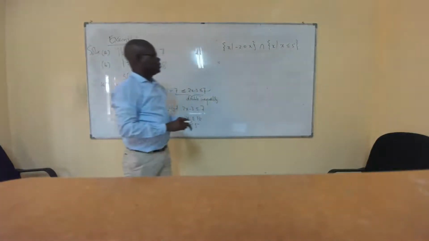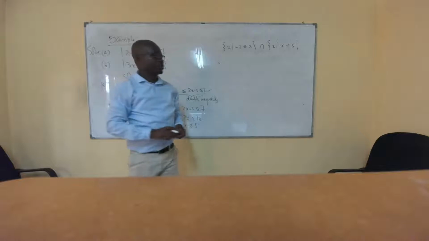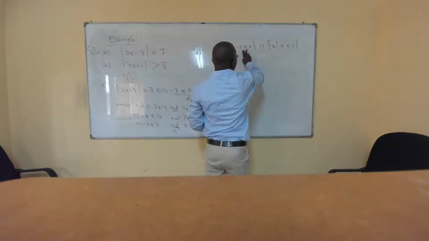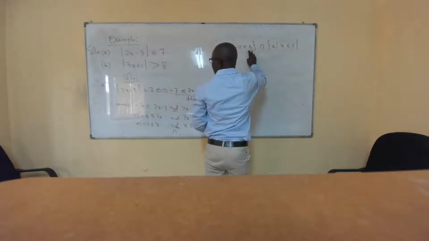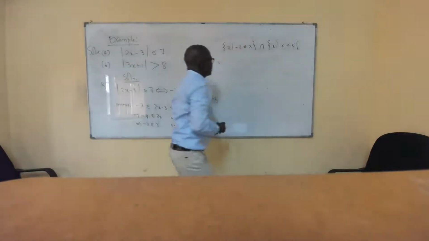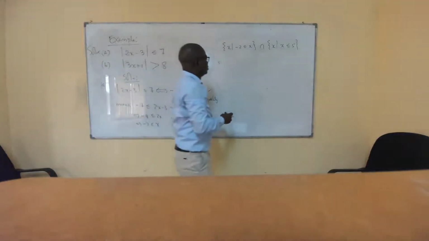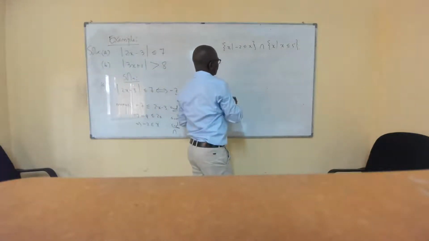If you want, you can even write these sets as intervals, where you are saying minus 2 is less than or equal to x, which is the same as x is greater than or equal to minus 2.